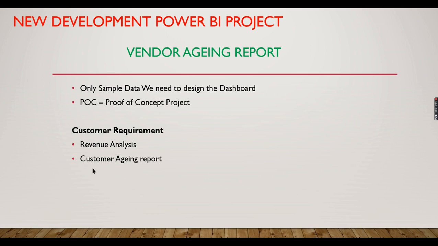If you are not familiar with this kind of report naming and what the report does, then you cannot design any reports. You need to understand what an aging report means functionally before development. Let us see how to achieve this. I'm not going to focus much on revenue analysis; I'm going to focus more on the customer aging report.